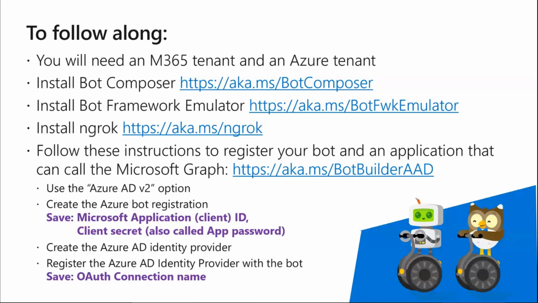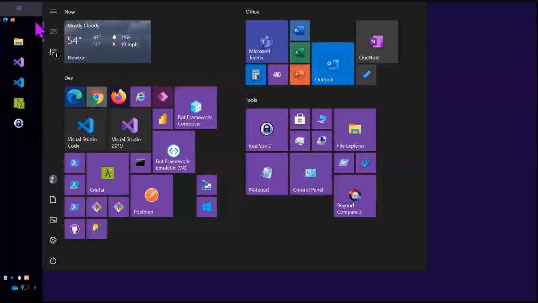You have to register it in the Azure portal in order to get to some of these features, and an application that can call the Microsoft Graph. When you're doing that, you need to save 3 values: the Microsoft App ID, the client secret, and the OAuth connection name, which are mentioned inside those instructions, because we'll need those when we're actually building the bot. So let's just do it.